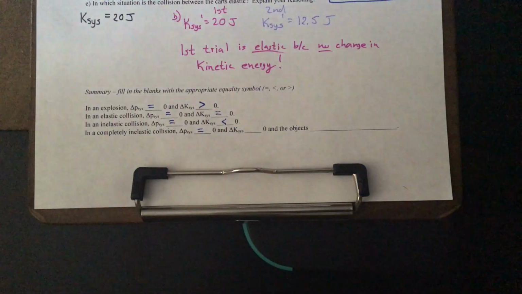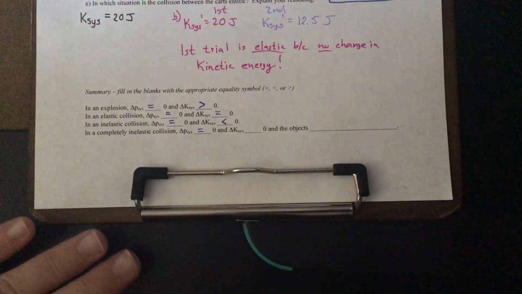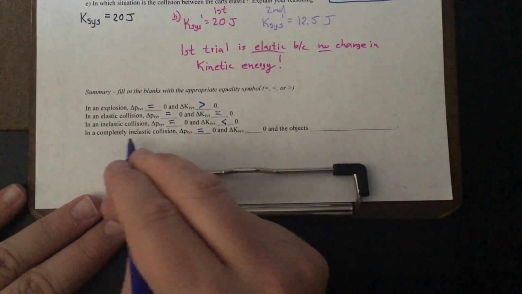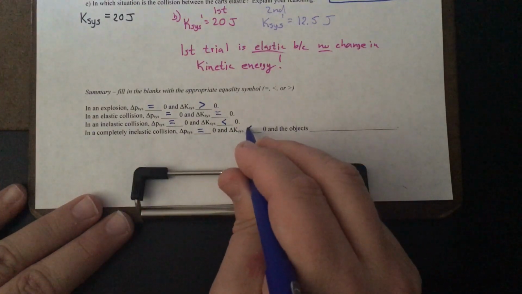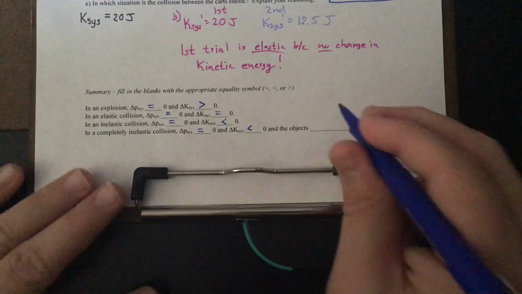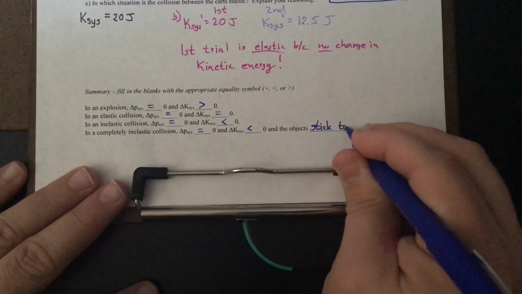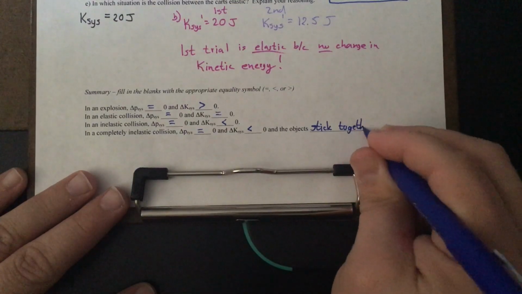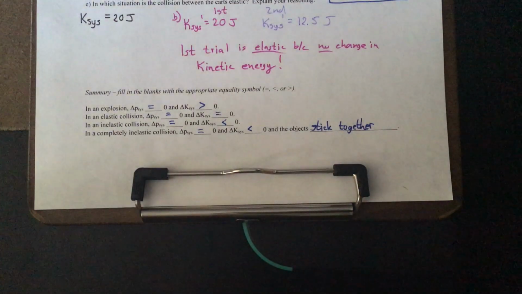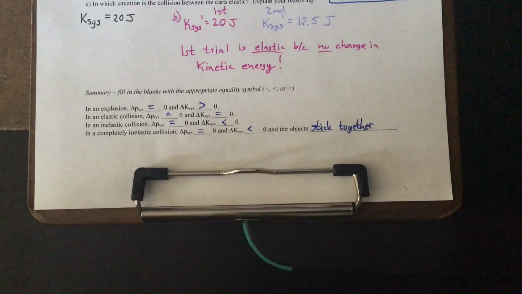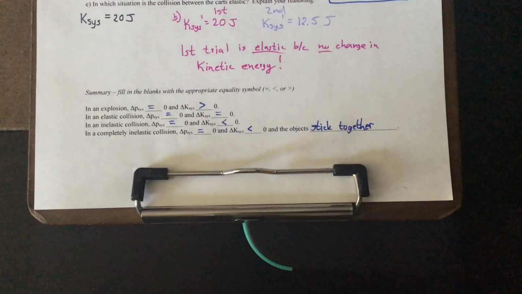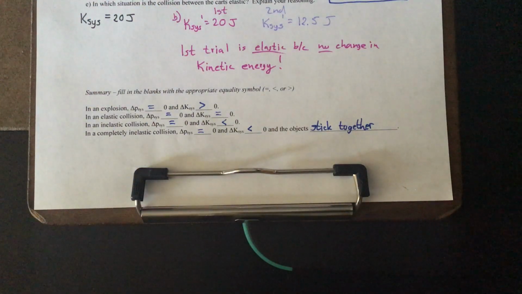So delta K is positive. And then if a collision is completely inelastic, we lose a lot of kinetic energy, and the objects stick together. So that's a little quick summary to help us classify these different kinds of interactions.